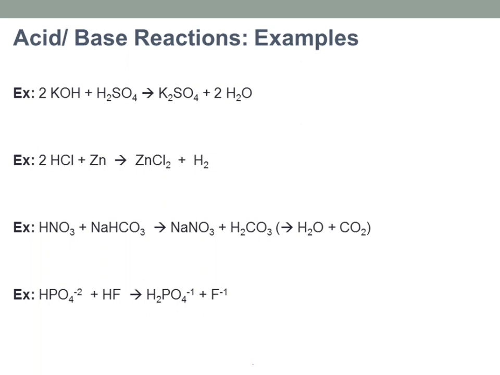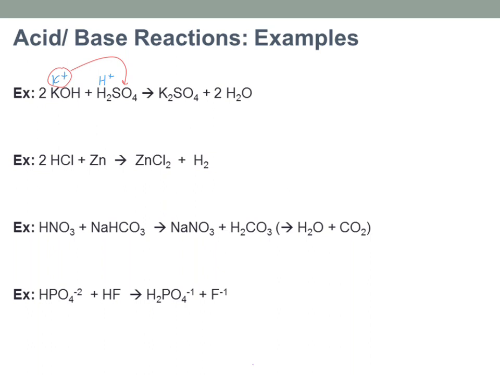If I look at this and I want to know, is this first example an acid-base reaction? Again, what I'm looking at is, did I just replace the cations? In this case, my cation was K+. In this case, my cation was H+. And the question is, did I simply switch those two? Is my K+ now with the sulfate?